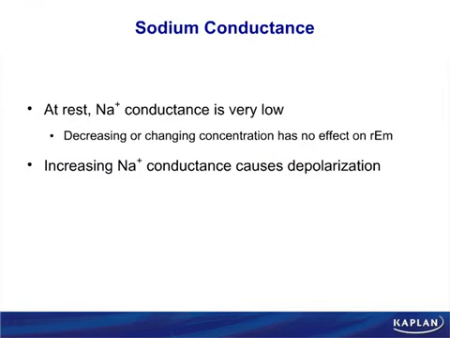So to recap, at rest, sodium conductance is very low, so changing extracellular has no effect on rest. But if I increase sodium conductance, I get a depolarization. Drive the cell toward plus 70 because that's equilibrium for sodium.